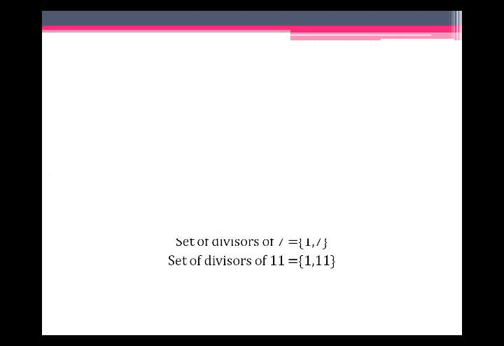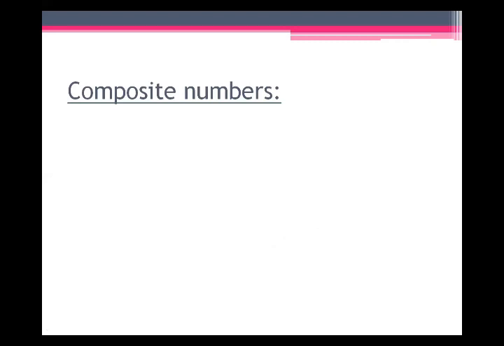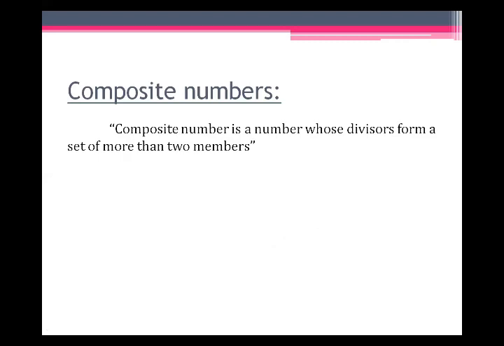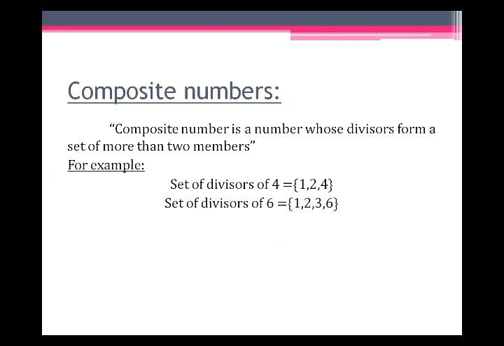Now what are composite numbers? A composite number is a number whose divisors form a set of more than two members. For example, set of divisors of 4 is 1, 2 and 4. Set of divisors of 6 is 1, 2, 3 and 6. Set of divisors of 8 is 1, 2, 4 and 8.